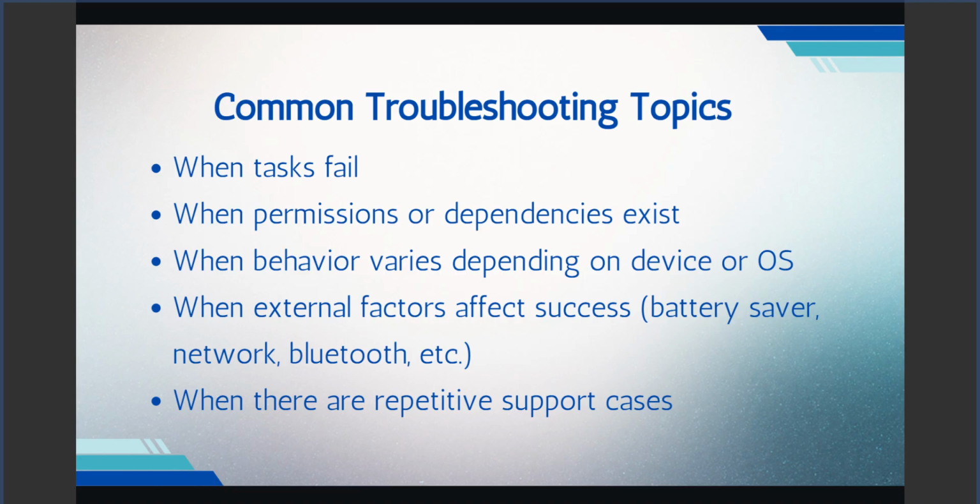When behavior depends on devices or OS. When external factors affect success, like battery saver, network issues, Bluetooth issues, or any kind of connectivity issues. All these things might affect the success of the features that your users are using, so in that case as well, we create a troubleshooting topic.